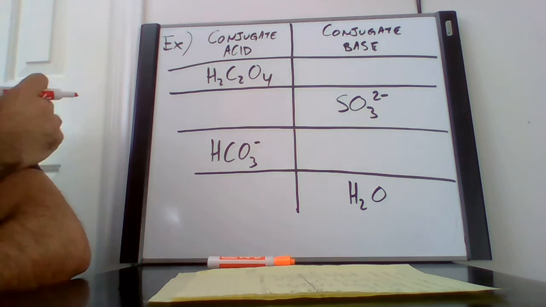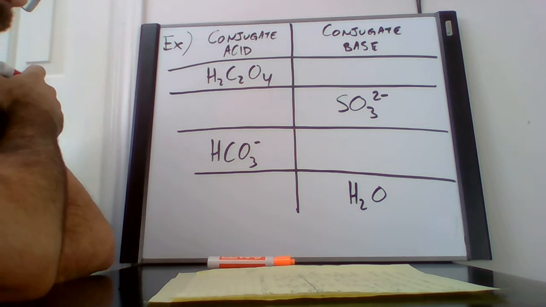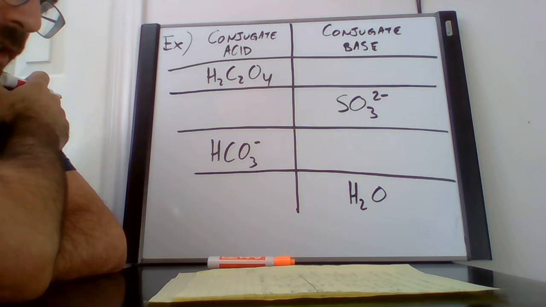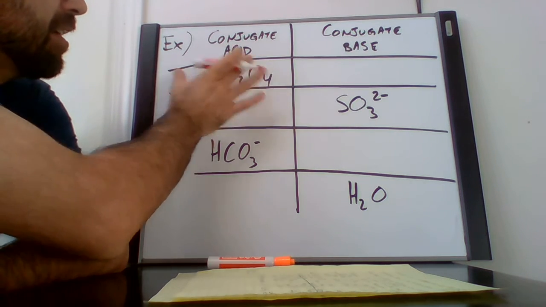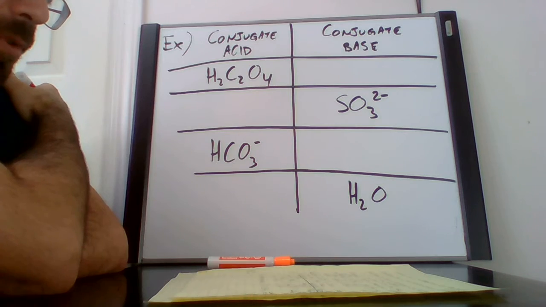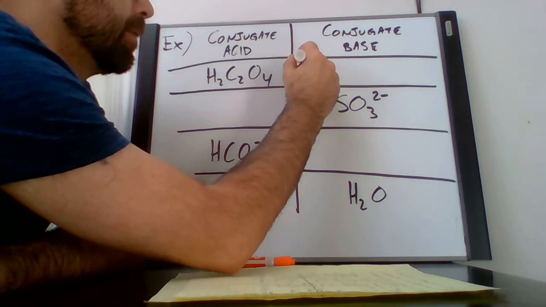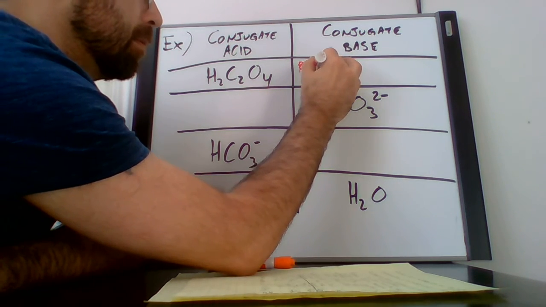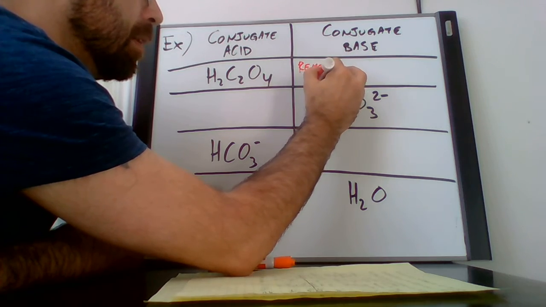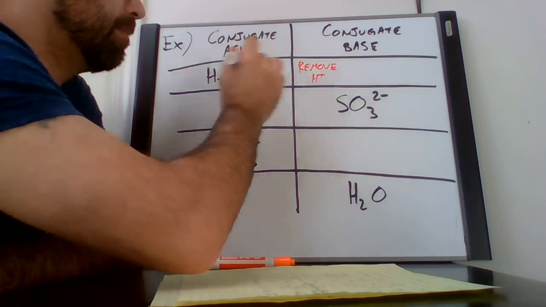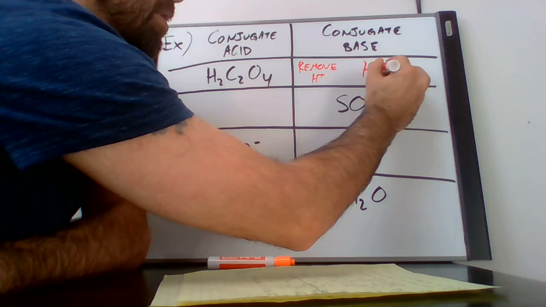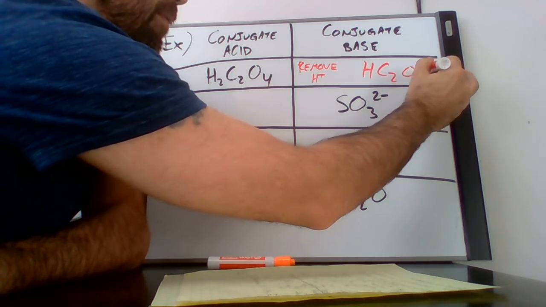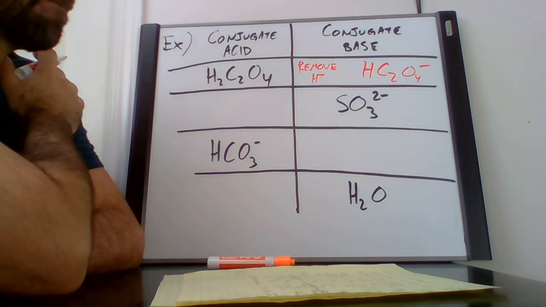All right, hopefully you've gone through those, and let's go through these solutions. If this is our acid, that means it's donating a proton, so I need to remove an H plus to make its conjugate base, which would leave me with HCO4 minus.